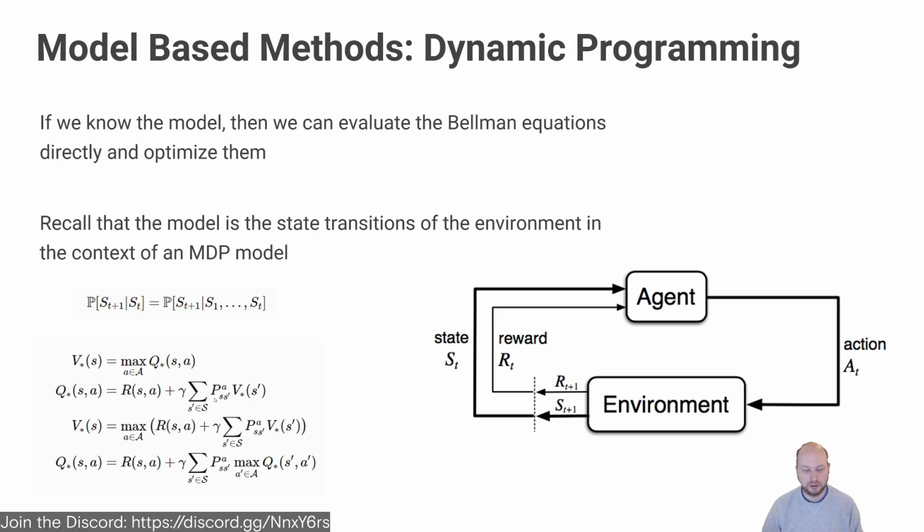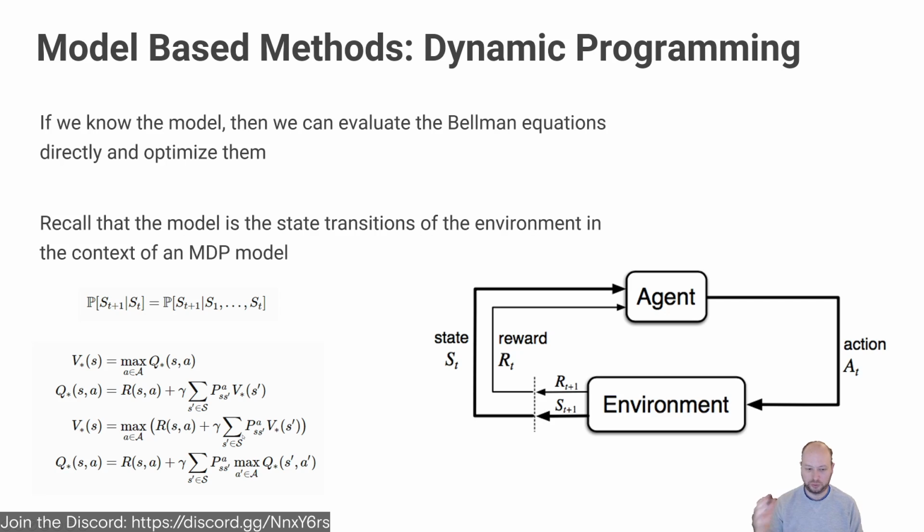And if we plug that into this optimal value function, you can see that we're just taking the maximum action against the future expected values given this set of transition probabilities. And this is all for optimality.